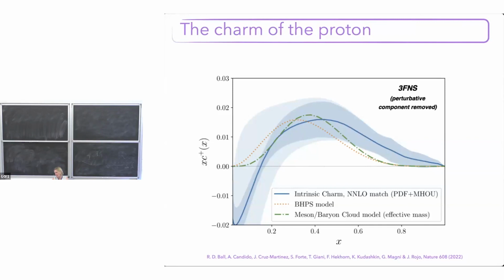Stefano Forte says they are positive above 5 GeV. Collins says he's not right. So there is another thing about PDFs. I think it's 5 GeV squared, but I don't want to bet on this.